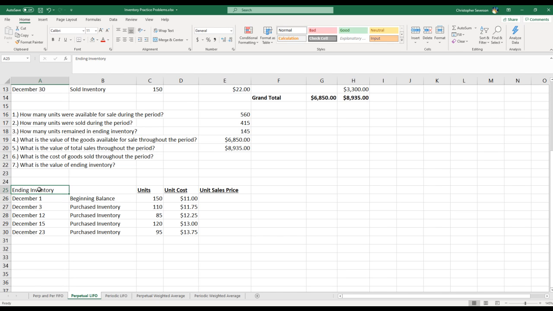So what I'm going to do is call this recreation. I'm going to get rid of the sales price. I'm going to call this recreated data set. I'm going to call it ending inventory, because when we're done, it's going to indeed be the ending inventory. Our problem here is going to be moving costs out of this inventory down to cost of goods sold.